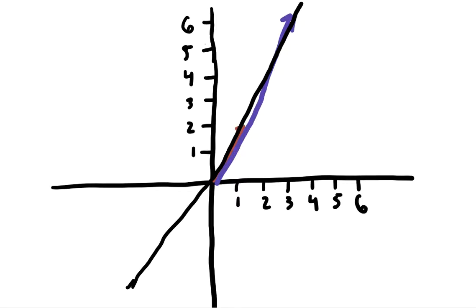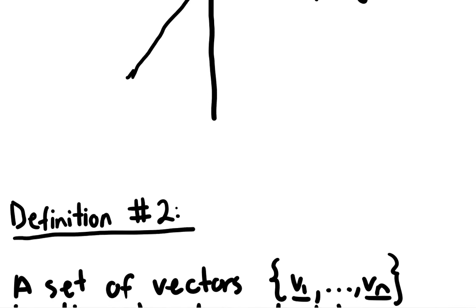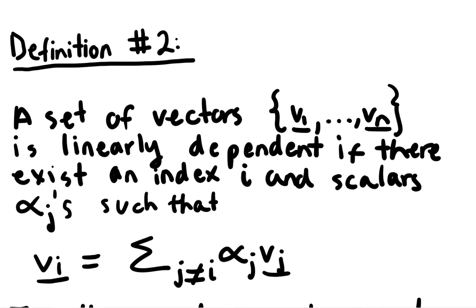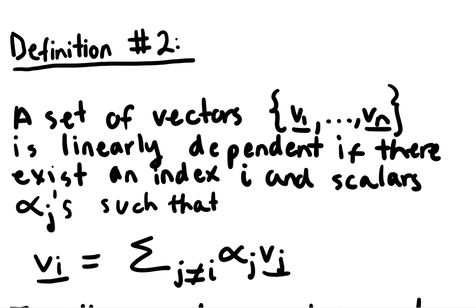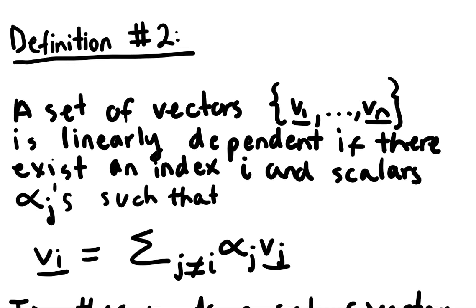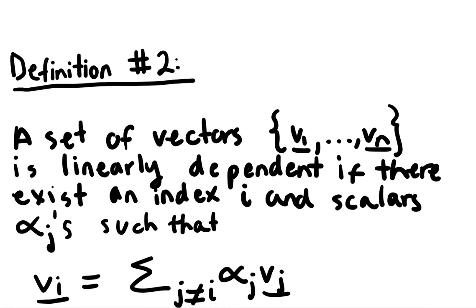All right, let's see another definition of linear dependence. The second definition: a set of vectors v1 to vn is linearly dependent if there exists an index i and scalars alpha j such that some vector vi is equal to a linear combination of the other vectors in the set.